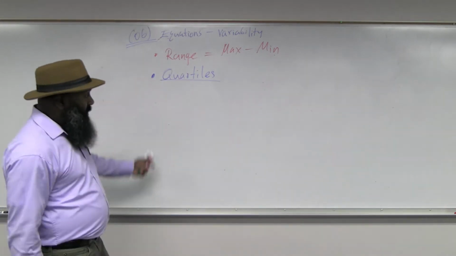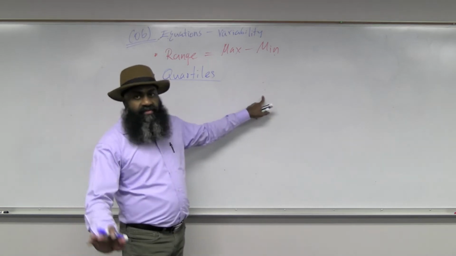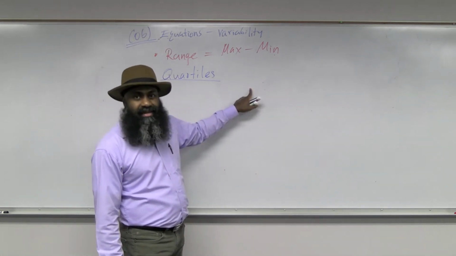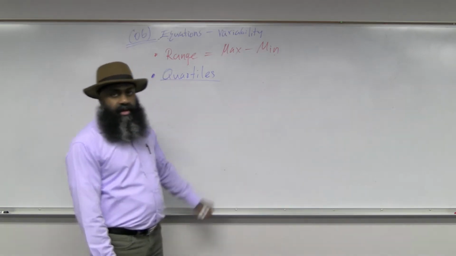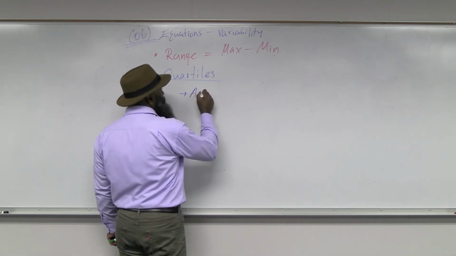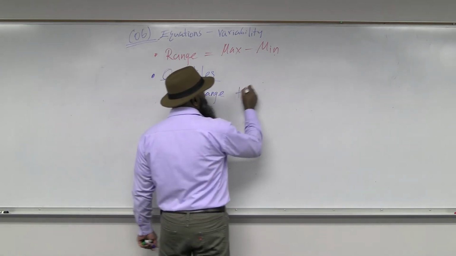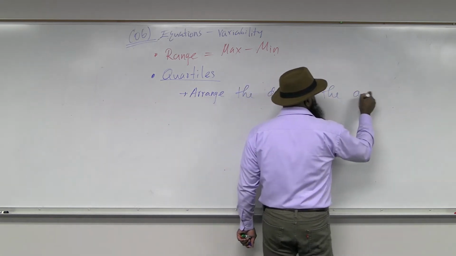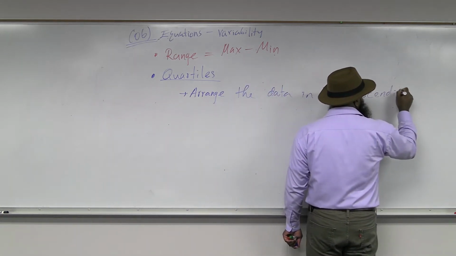Again, we are not going to do this by hand, we have technology, but I just want to show you how your calculator and MS Excel do the calculations for quartiles.